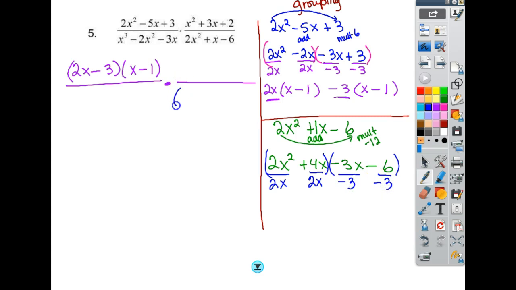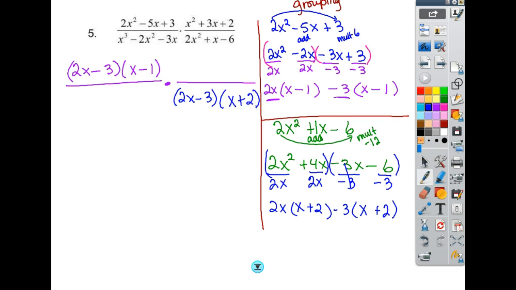So see, I know that 2x minus 3 is one of my terms, because those are the GCFs out here. And then when you divide them, what happens? You get an x plus 2. When you divide these, do we get an x plus 2? Yeah, those cancel. X positive 2. Okay. So now we got the hard stuff over first.